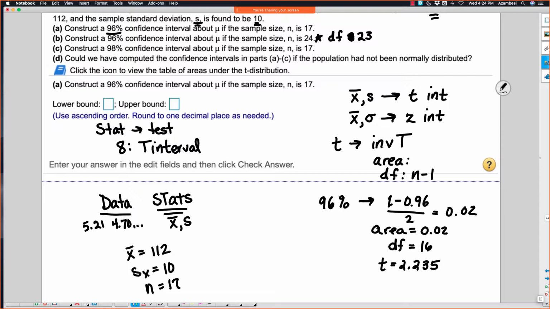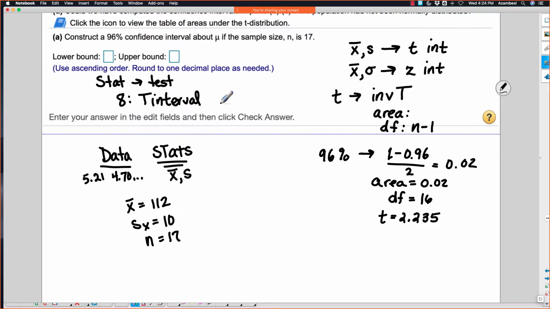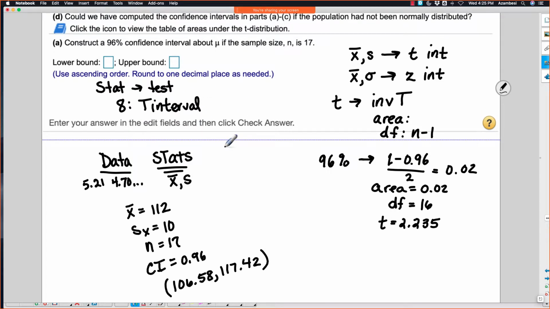And then it's going to ask you for your confidence level. So we want 96%, so I'm going to put 0.96. And then it calculates. So your lower bound here gives me 106.58 and then upper 117.42. So these values are ones that come out of your t interval from your calculator.